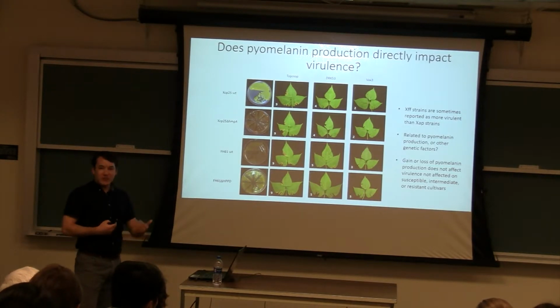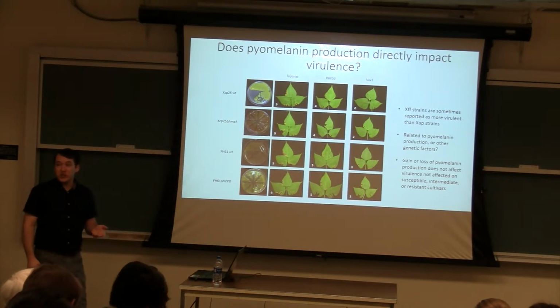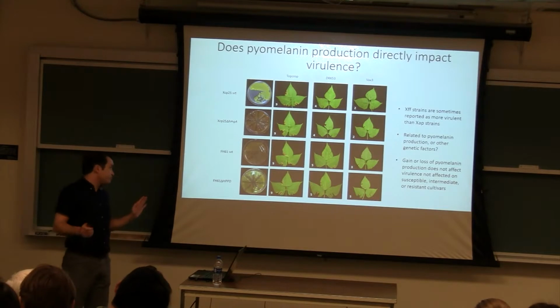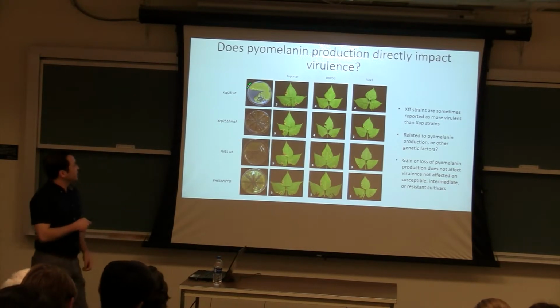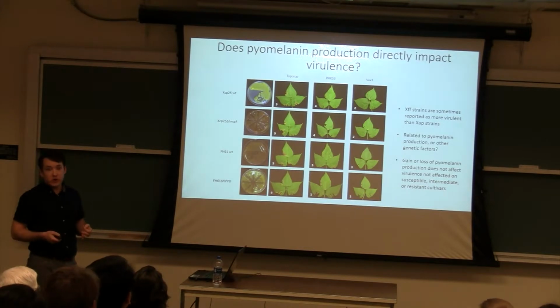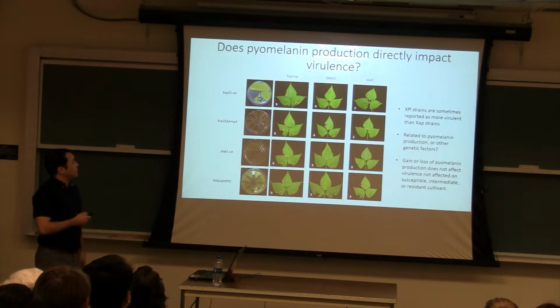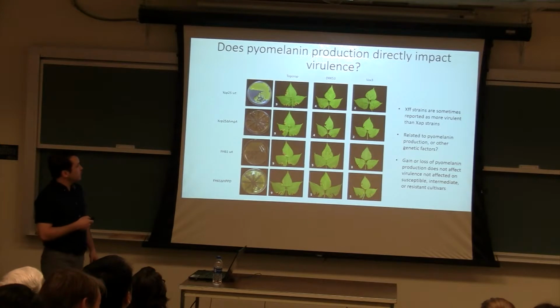Is this related to melanin protection or other genetic factors? As I showed you in the previous section, there are quite a few genetic differences between these strains, right? So I inoculated these wild-type and mutant strains onto 12 different bean cultivars that have different levels of resistance to common bacterial blight, right? So there are susceptible, intermediate, and resistant varieties.